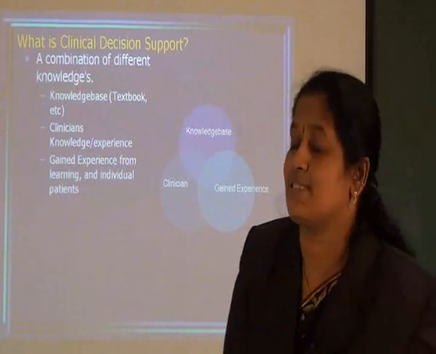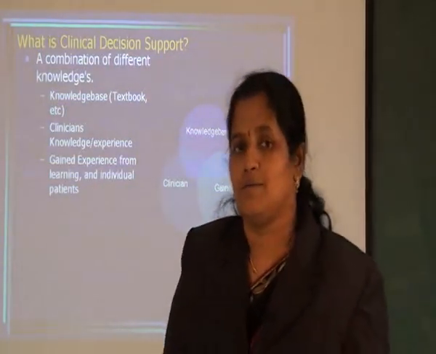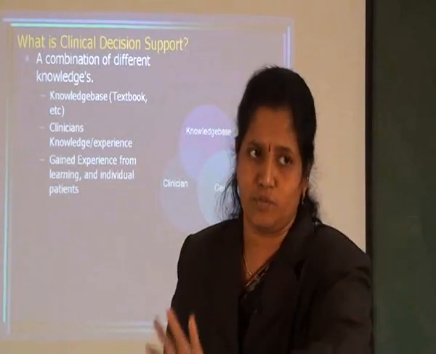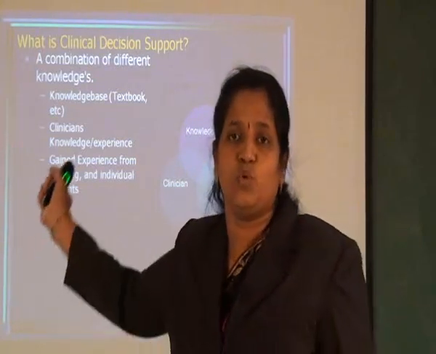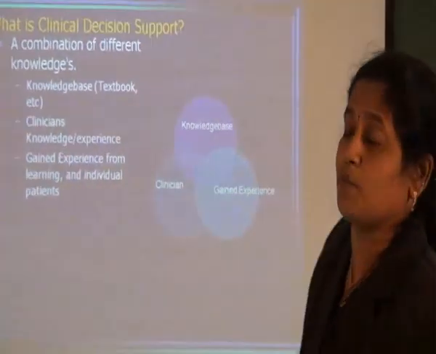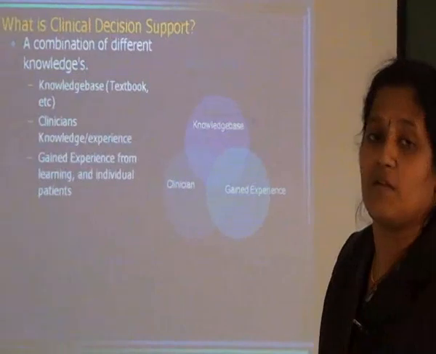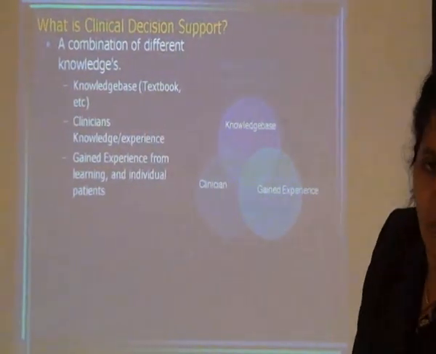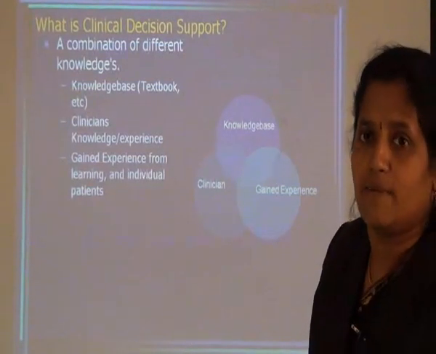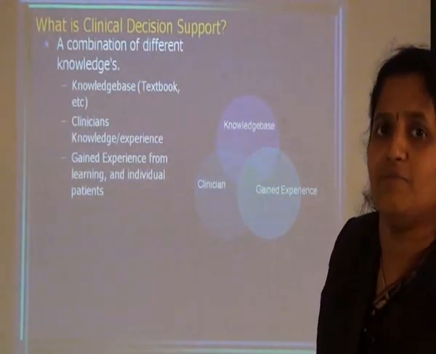So what is clinical decision support? The topic of interest is how these techniques are used for clinical decision support. I just want to say a few lines about it. It is a combination of different knowledges. If you want to make a decision for any clinical problem or any disease, we need 3 types of knowledge before taking the decision.